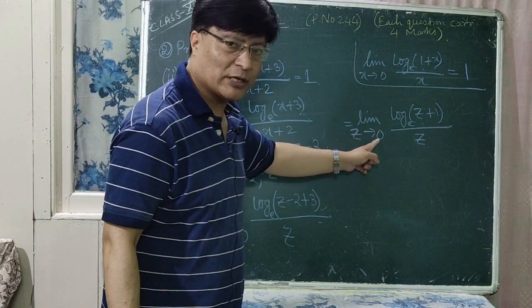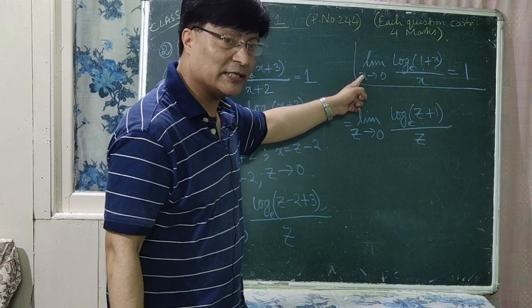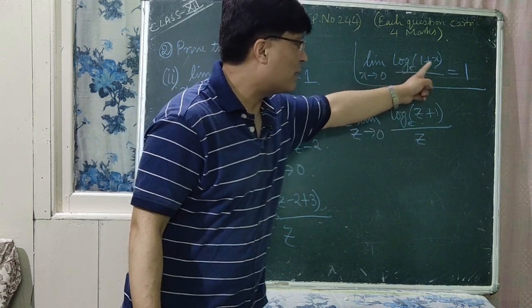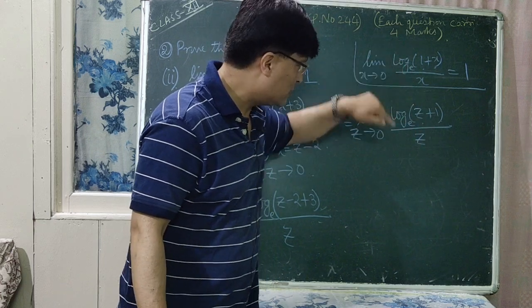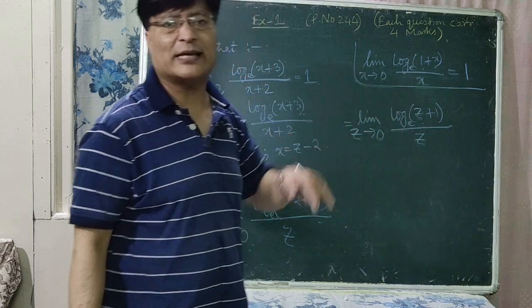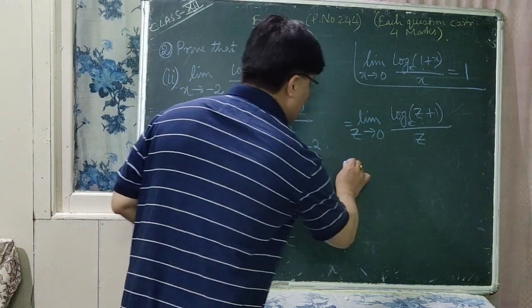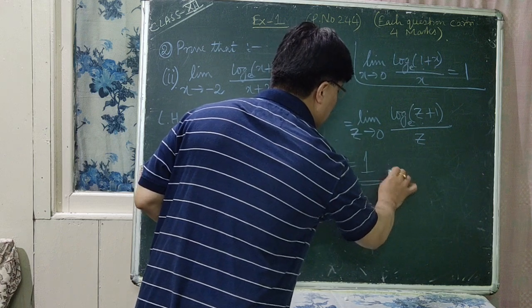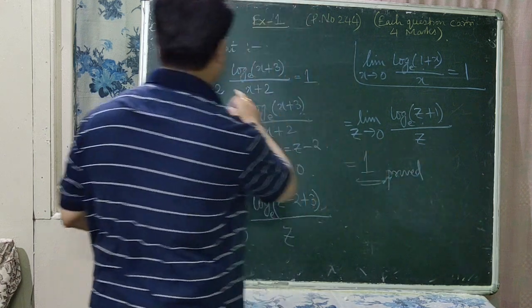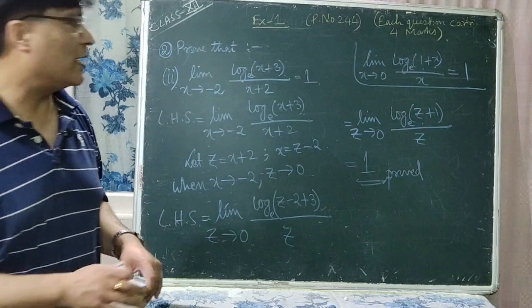Limit z tends to 0 is out here, but instead of z there is x here. And it is log of 1 plus x, it is log of 1 plus z divided by z. Instead of x here, z is there. So this is the standard form. So what is the value of this limit? Well, directly you can write 1. So it is proved. That is, we have proved that this LHS is equal to RHS.